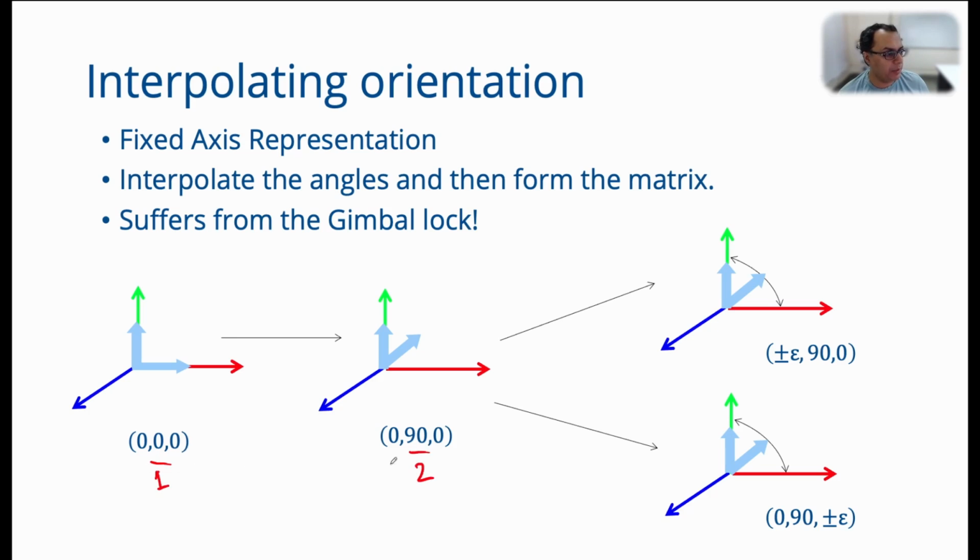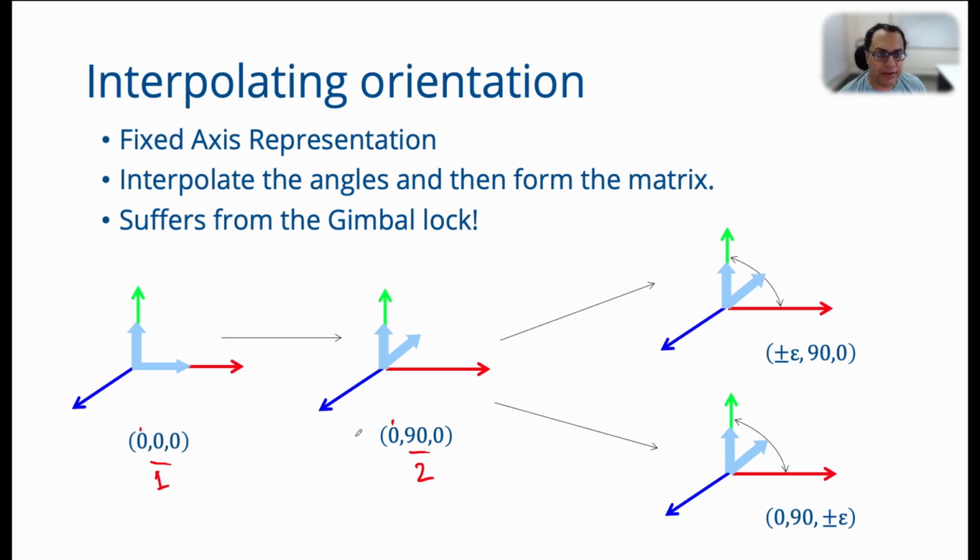If you want to interpolate from 1 to 2, you can just interpolate the angles, the starting and the final. You can just do linear interpolation of those angles, and that is a valid choice because at every step you will get a triplet that will represent an orientation. So at least that much is valid.